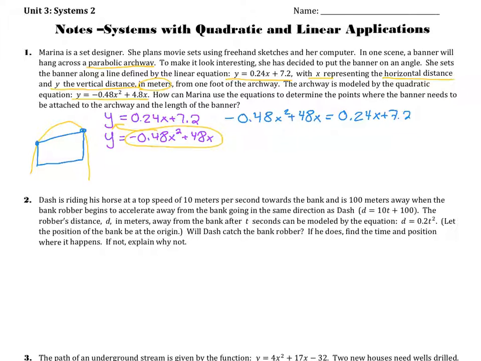So I'm going to move these over to the other side. Sorry, I left a decimal behind.